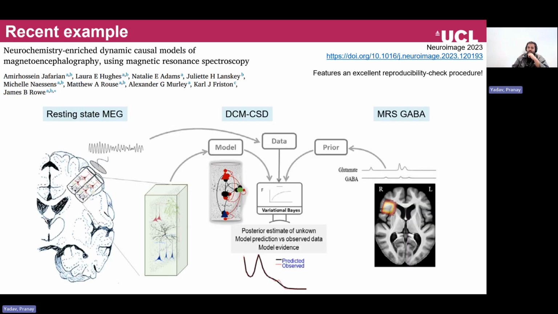Now, what they did was they took resting state MEG data, they fit DCM for CSD using the same CMM NMDA model that I showed earlier. And they also separately obtained MRS GABA measurements for the same participants. And they asked which parameters in their model were best informed by MRS GABA.